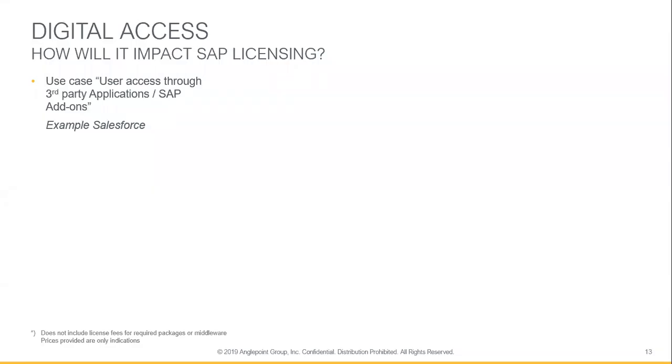So just to give you three use cases that we think are a good fit for a situation you may be in. And we thought it's also interesting to see how the Diageo case would have looked with digital access licensing. And you may remember the Diageo case and what the overall problem was.